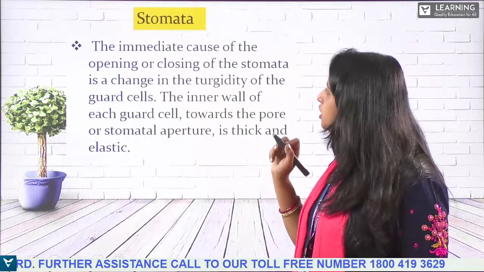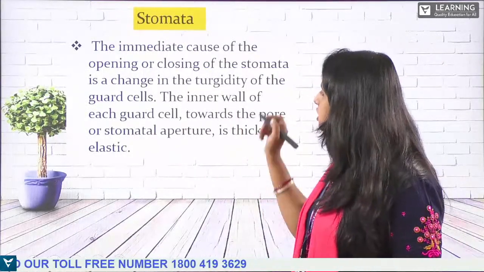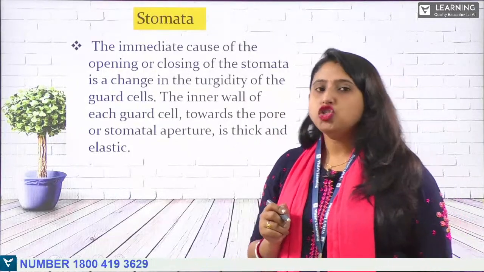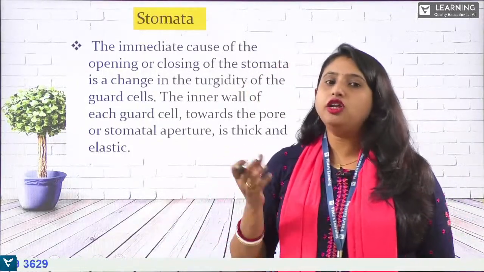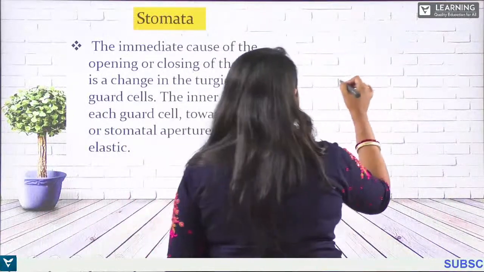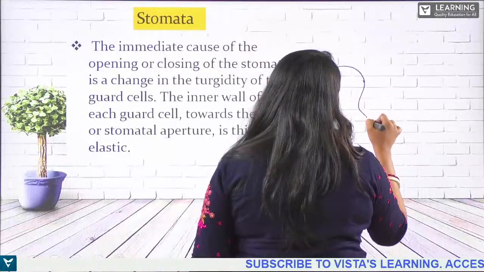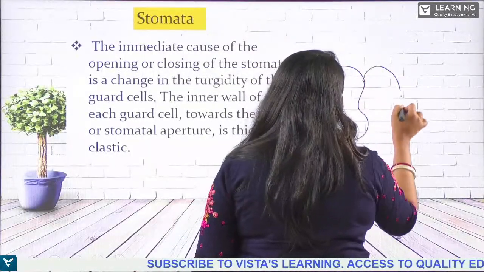The immediate cause of the opening or closing of the stomata is a change in the turgidity of the guard cells. So how is the structure of the stomata? Let me first draw the closed stomata.